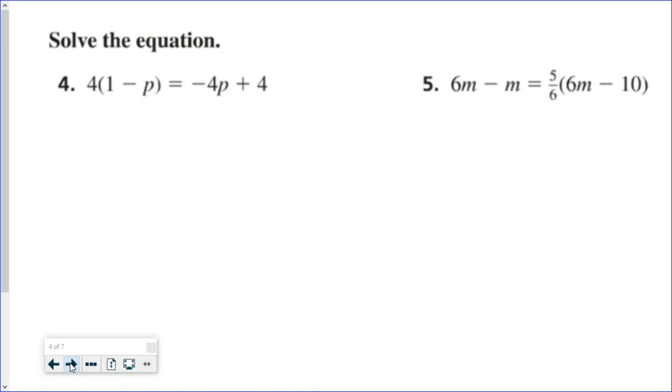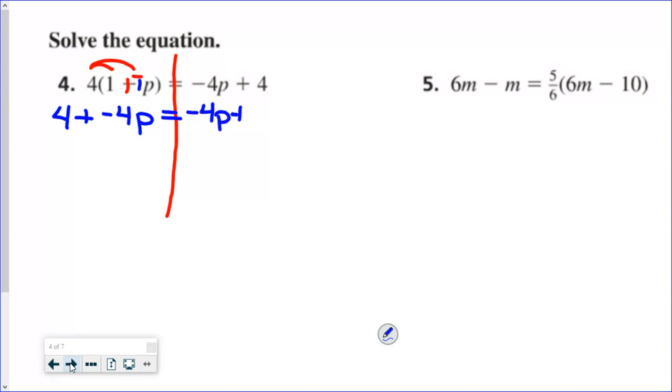Okay, here we go, another one. So if you want to try it out, pause the video, try it out, see how it's going. I'm going to draw and do my keep change. I'm going to distribute, and I get 4 plus negative 4p, because there's really a 1 there, equals negative 4p plus 4. Okay. I'm going to combine p's by adding 4 p's to both sides.